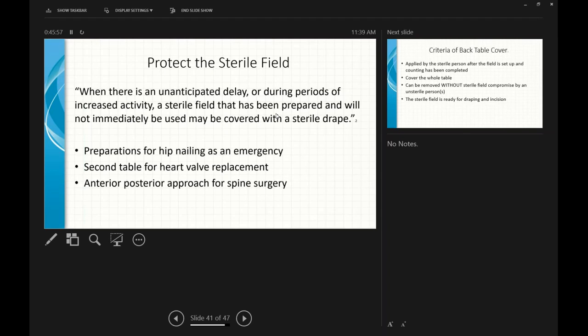Or anterior posterior approach to spine surgery. Recently, I was working at another facility in Seattle, and there was one surgeon who would do the anterior approach to the spine surgery and set the cages or whatever he was doing. And then we would completely take down the room after we had closed. The patient would be turned over.